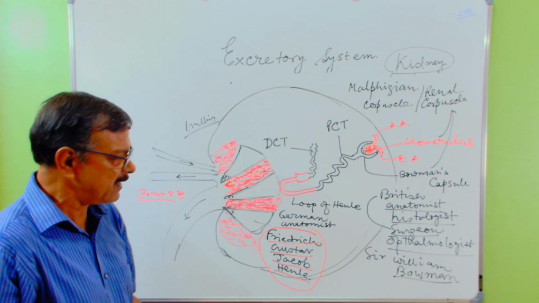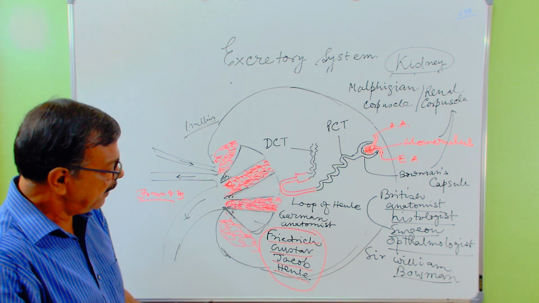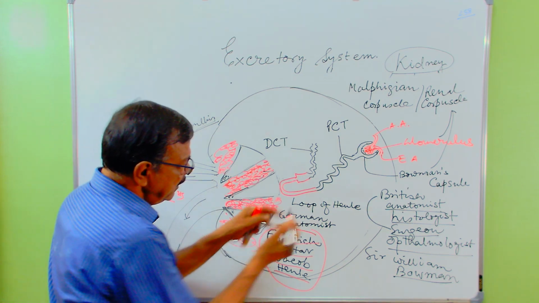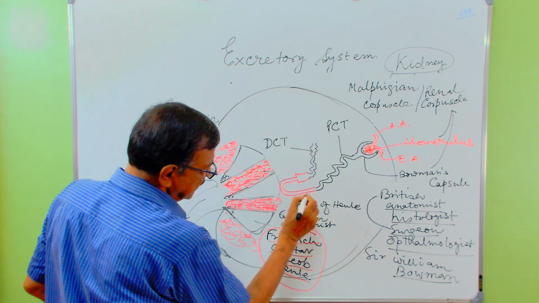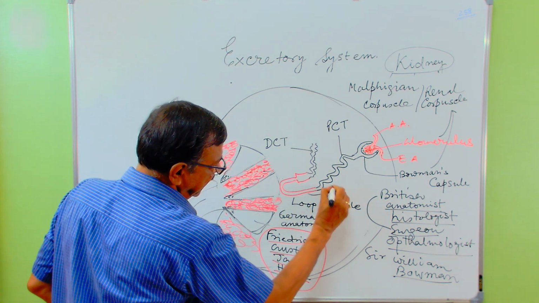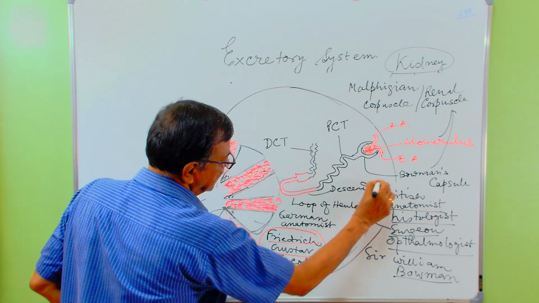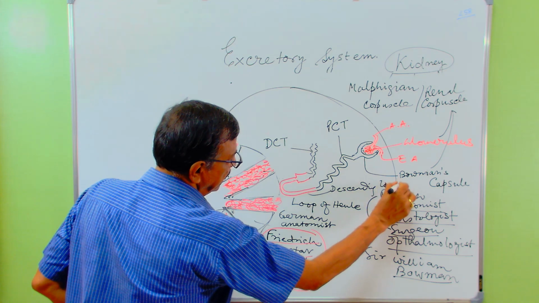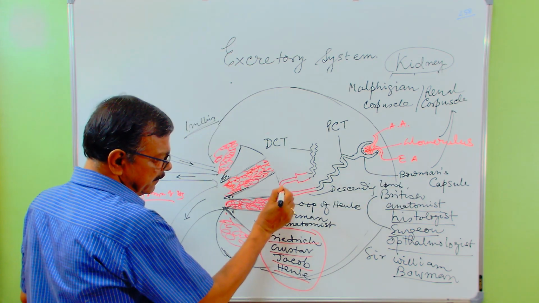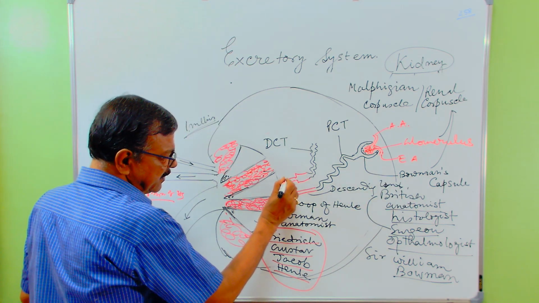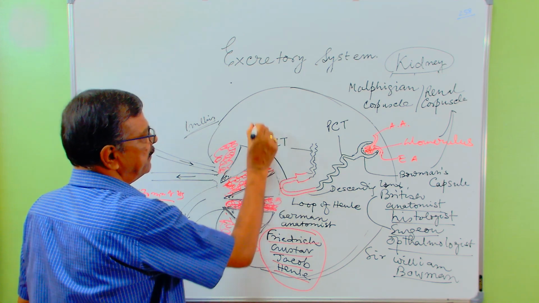The loop of Henle is further divided into the descending limb and the ascending limb.